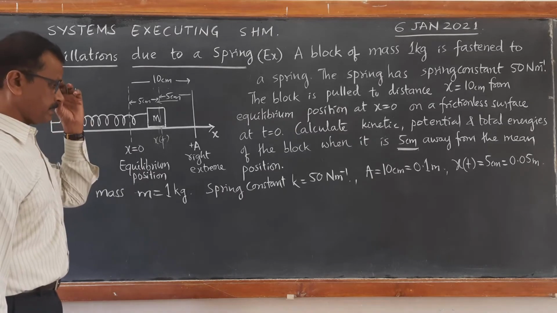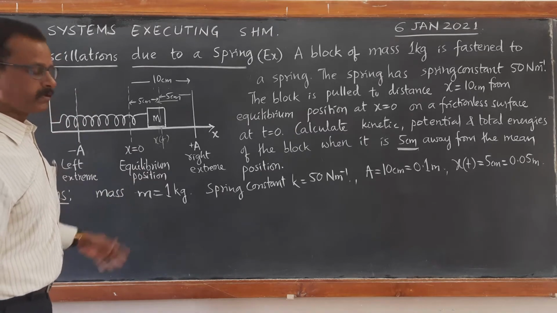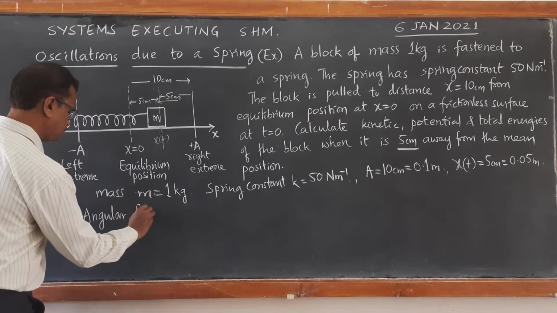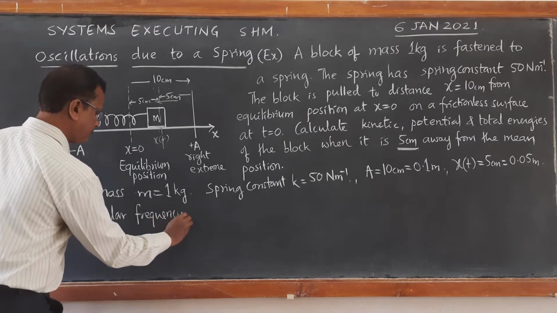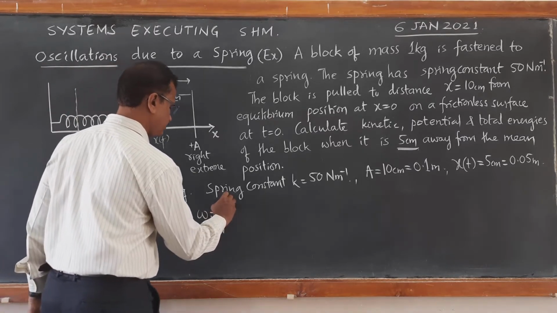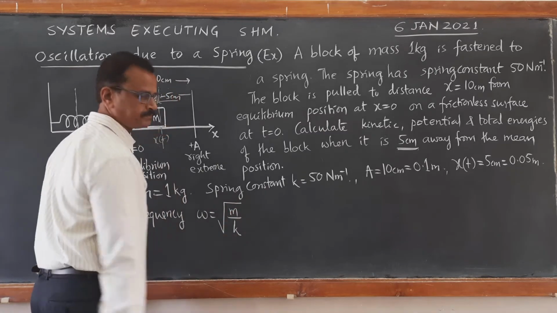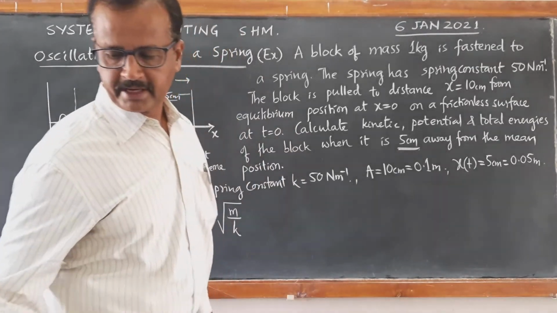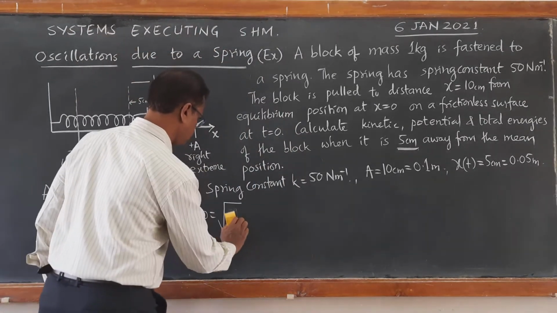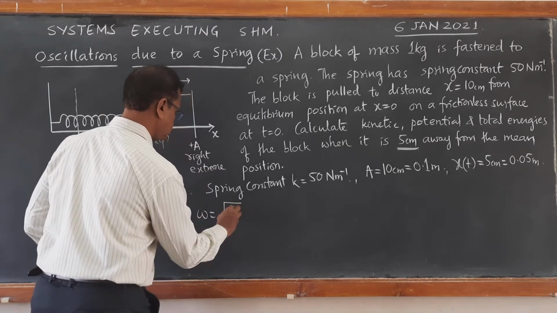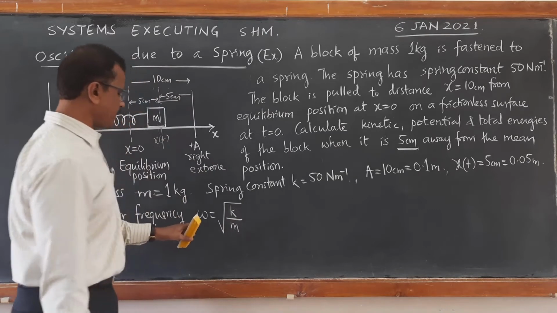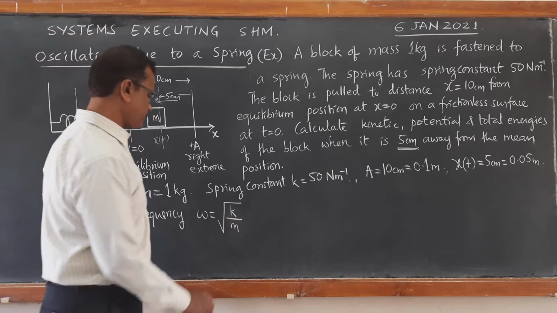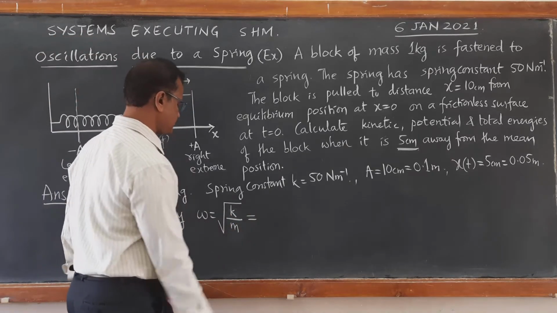Now first we shall get the equation for angular frequency. Angular frequency omega equal to square root of k by m. Because m omega square is equal to k, therefore omega is equal to square root of k by m, where k is the spring constant and m is the mass of the block.